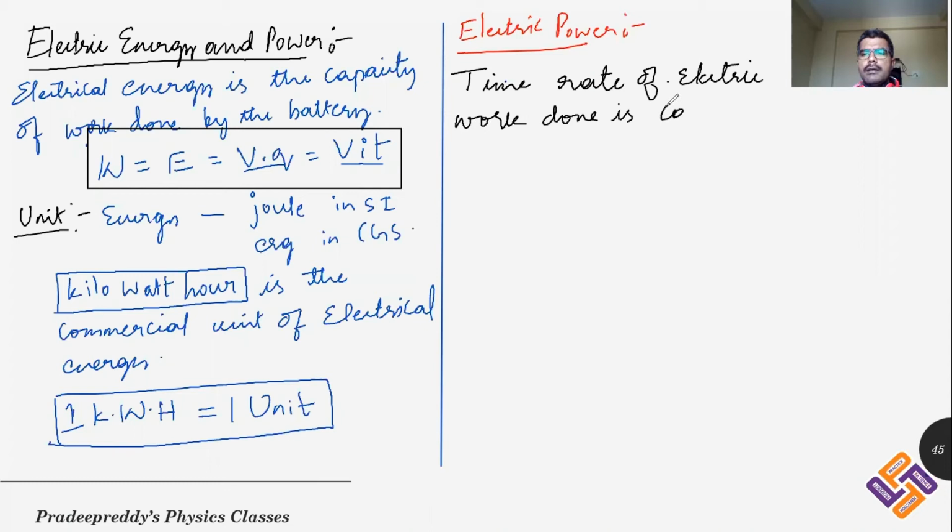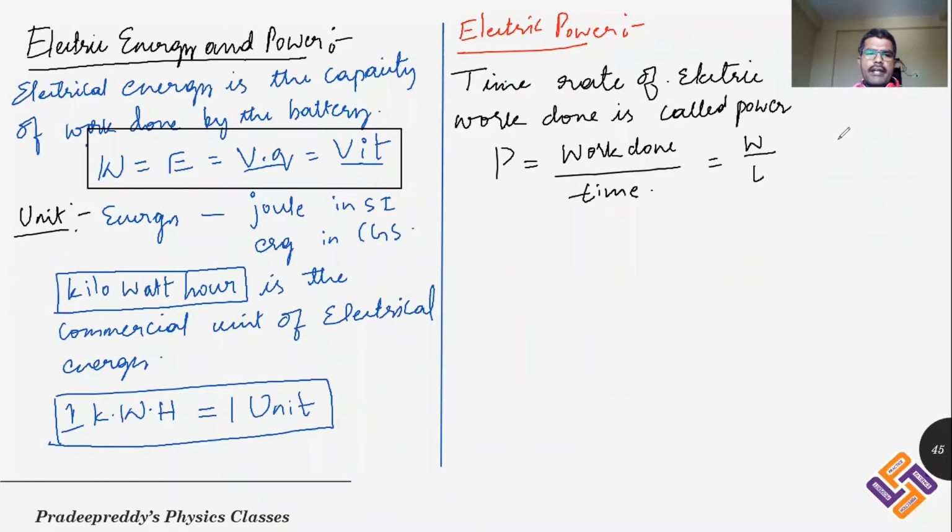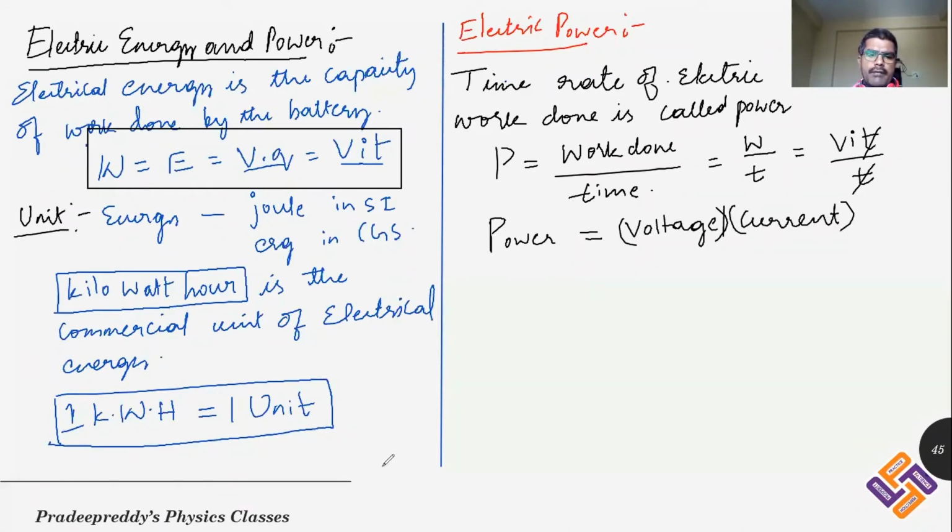Therefore, power can be written as work done by time taken, and this work done W by T, we already know W is equal to VIT divided by T. T and T get cancelled. Therefore, electric power can be simply defined as voltage into current I.